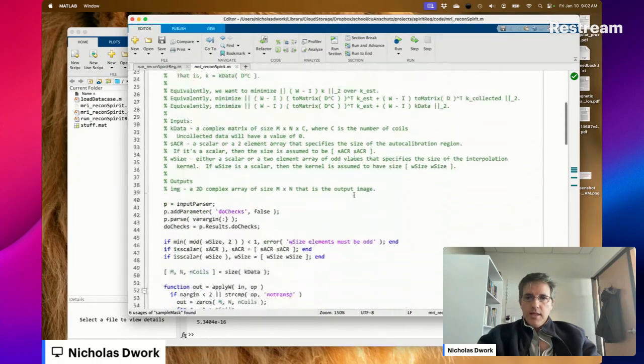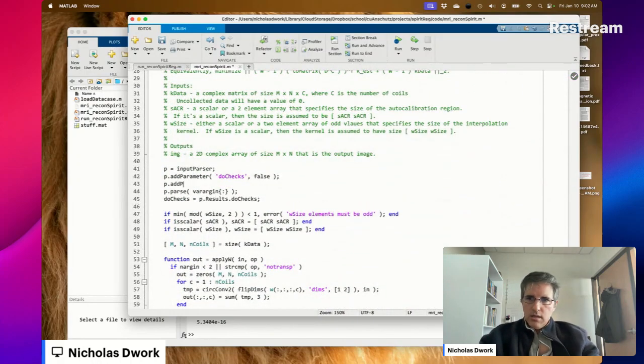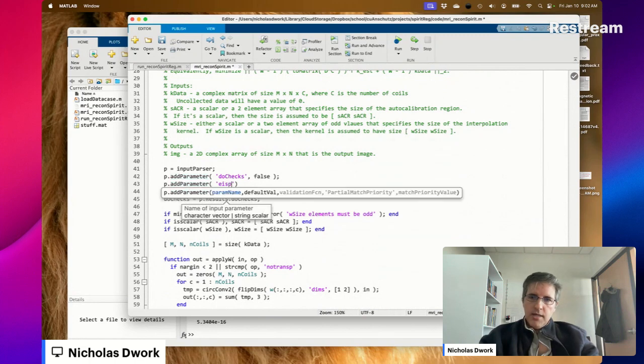I think the thing to do is this. I'm going to add an epsilon like we did before.